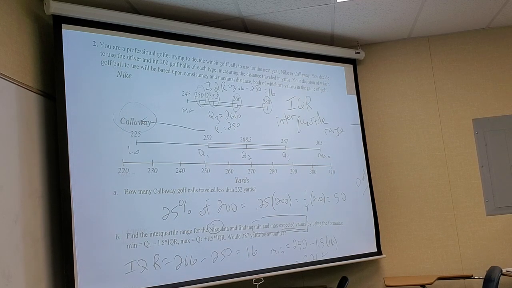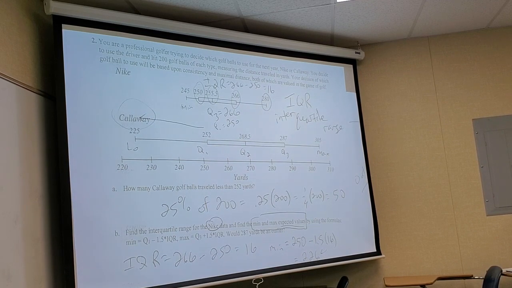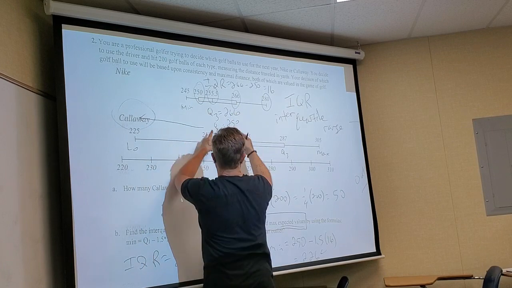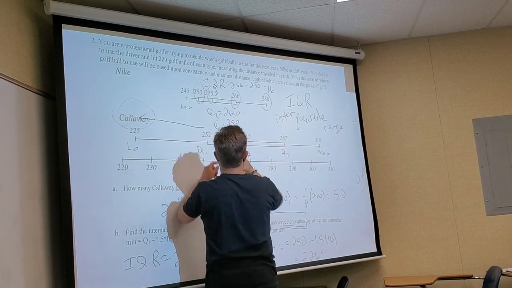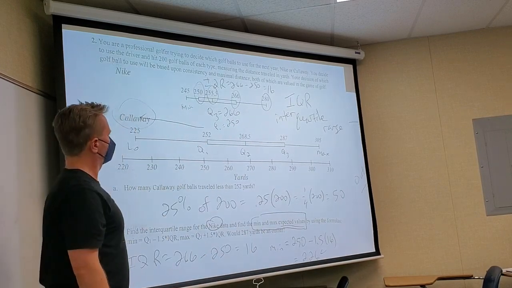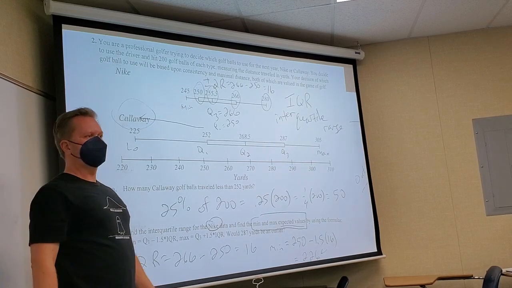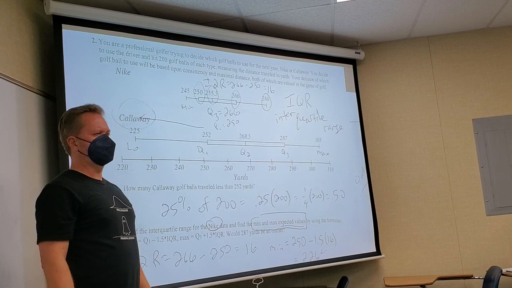Based on the box and whisker plots, 50% of the balls you hit from Callaway are going to be in Nike's 25th or 25% range for its max. Yeah, this almost fits in here. So wouldn't Callaway be, because so much of Callaway's box whisker is above Nike's top performance, wouldn't that mathematically be the best choice then?